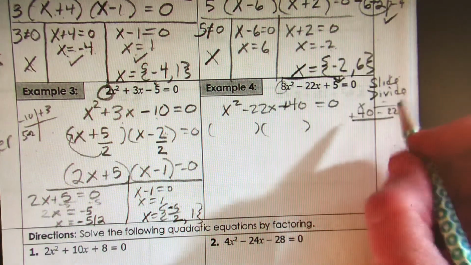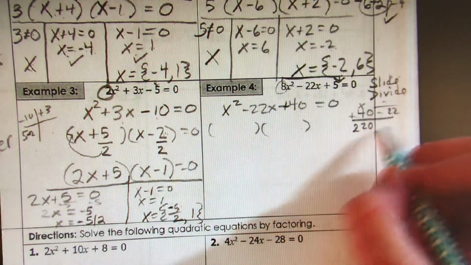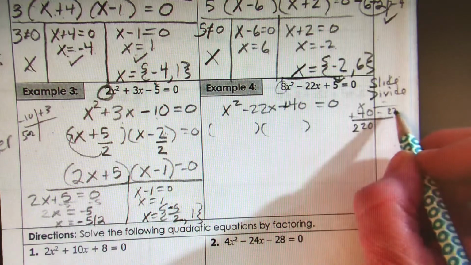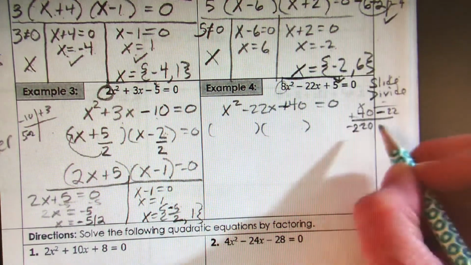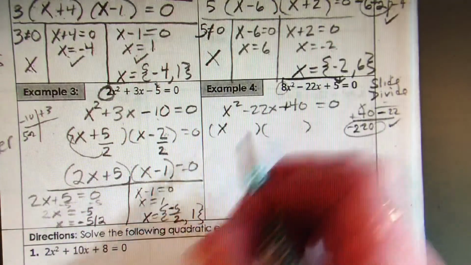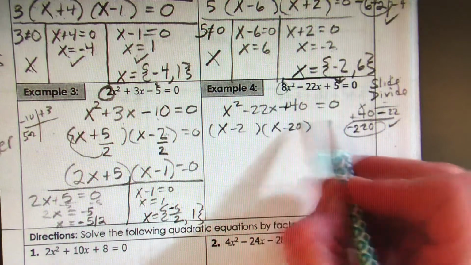Okay. And, oh, I know 2 times 20. It just hit me, right? Is negative 22. And, oh, if you have a negative internal term, they both have to be negative. Sweet. So that's my answer. So x minus 2 and x minus 20 is equal to 0.